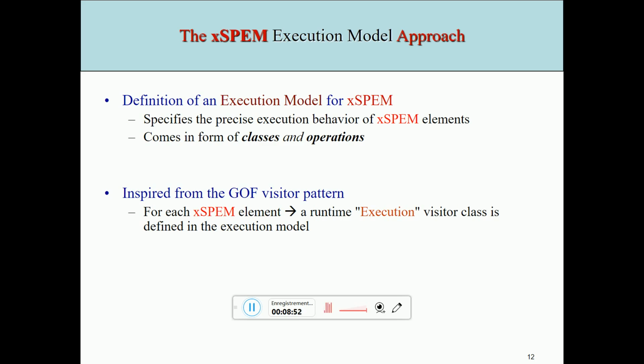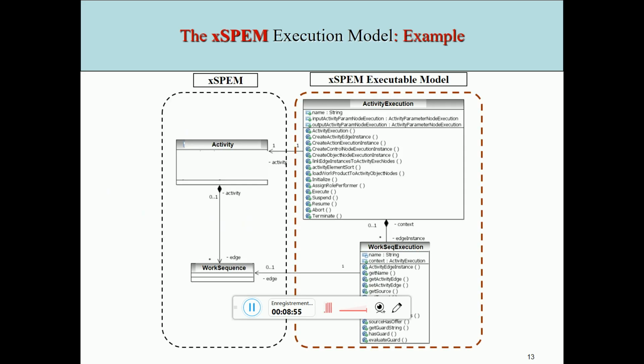Just to show you a very small example, we have this notion of activity, and in front of it you will have in the XPAM executable model a class called activity execution, which would have all the operations and the implementation of these operations that allow us to simulate and execute an activity. Same thing for work sequences; we do it for all the elements, and we of course respected the semantics defined by UML activity diagrams and this notion of tokens going through the different nodes of the process model.